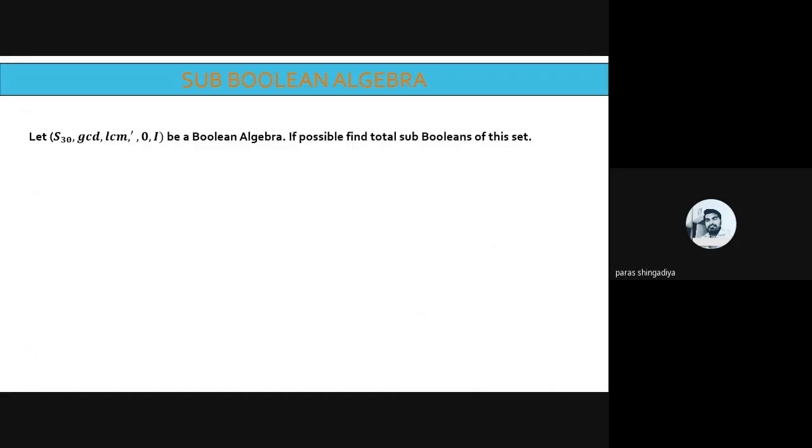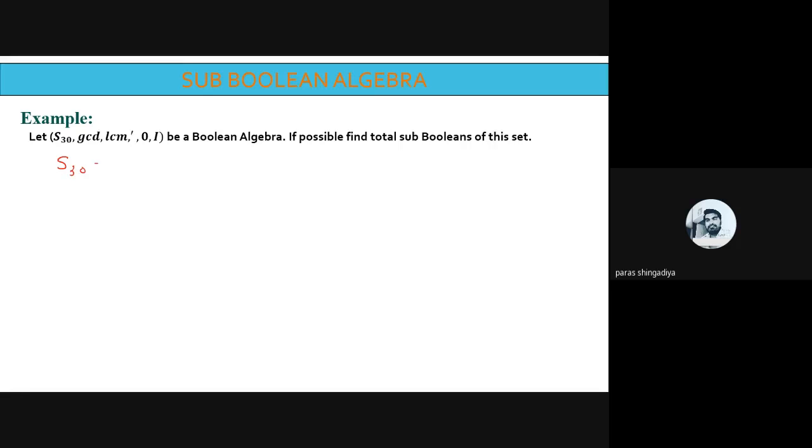Okay, similarly for the second example, S30 with GCD, LCM, 0 and I. So let us check for S30. First, let us check the elements of S30.